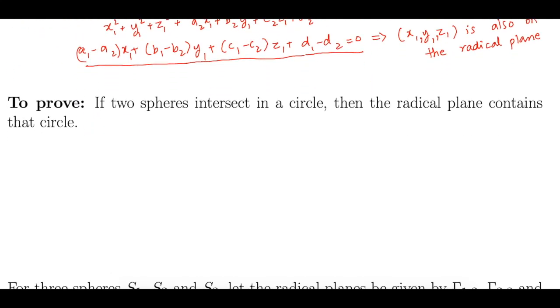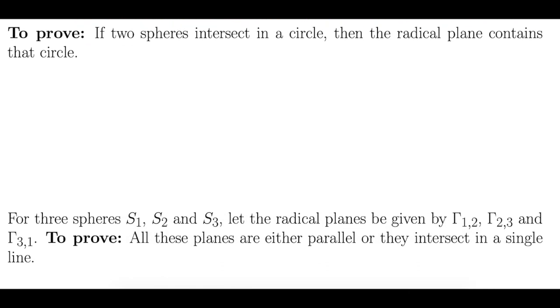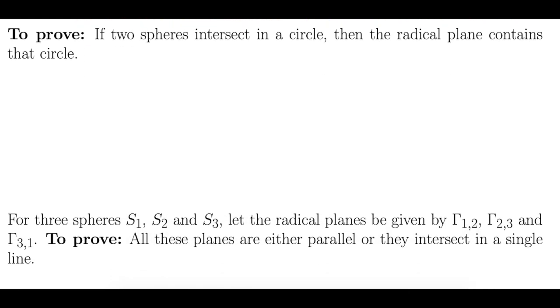Okay, now we want to show that if two spheres intersect in a circle, then the radical plane contains that circle. Okay, so in other words, if we have this sphere and this sphere, if you imagine it in 3D, this is a part of the circle where the intersection of these two spheres occurs.